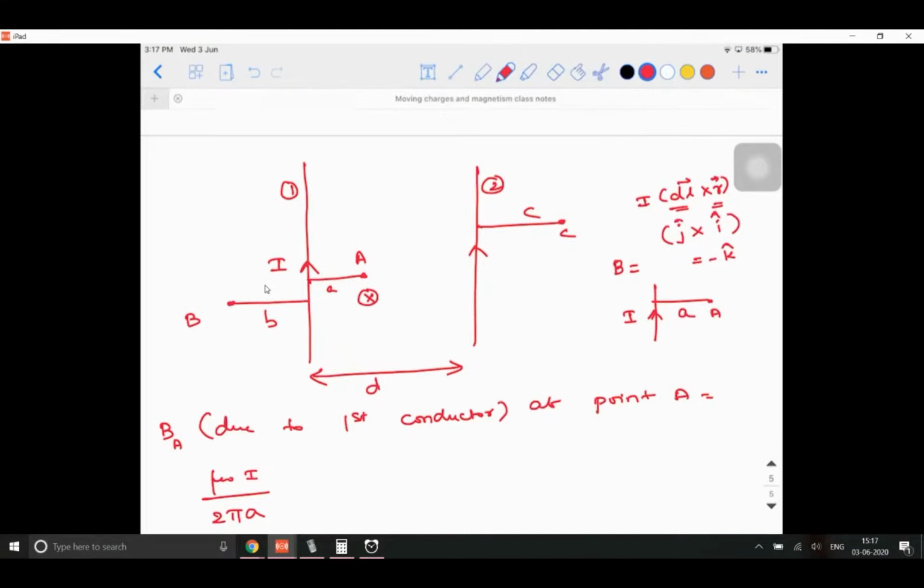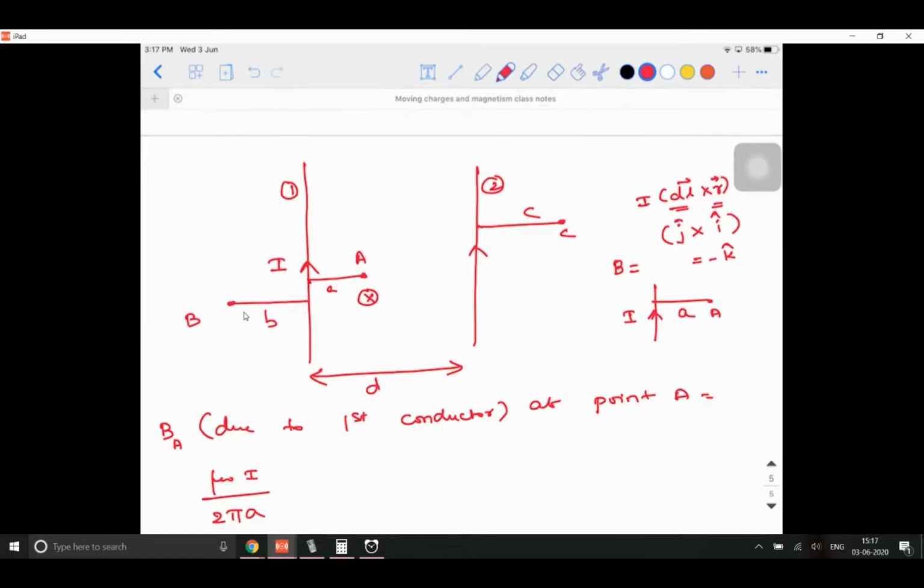Everybody, since you would have drawn it in your notes, I'll suggest you put your palm on the paper and extend the thumb in the direction of the current in the first conductor. The palm should be facing down, the knuckles facing you.